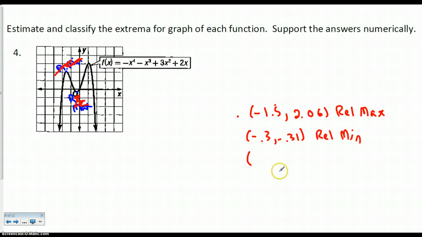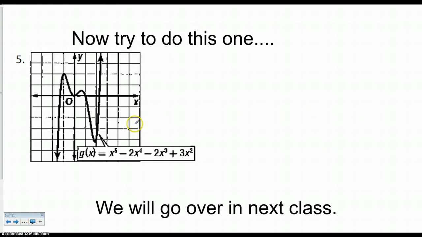And then at 1, 3, this is an absolute max. So what I wanted you guys to do is look at this graph right here and try to identify the relative min, relative max, absolute min, absolute max, and we'll go over it in class tomorrow.